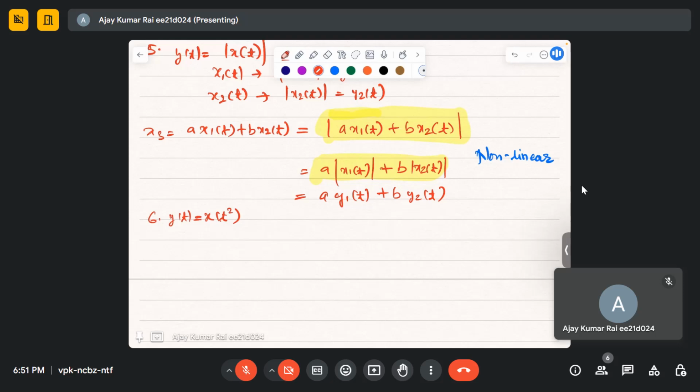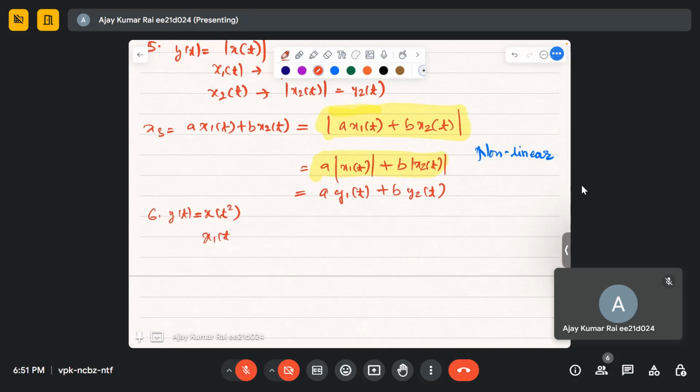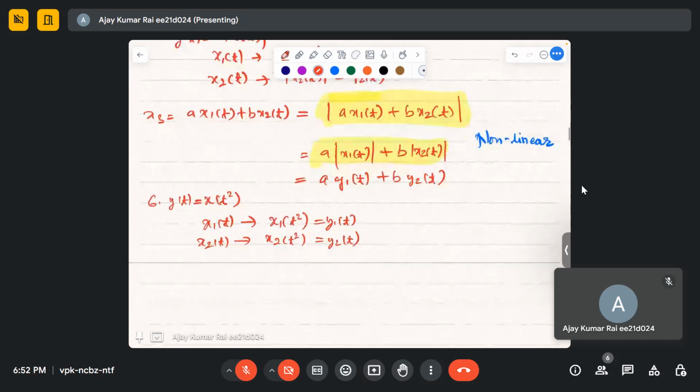Again I'm giving input x1(t), so I'm getting x1(t) square. For x2(t), I should get x2(t) square. Now if I go to x3, which is equal to a x1(t) plus b x2(t).